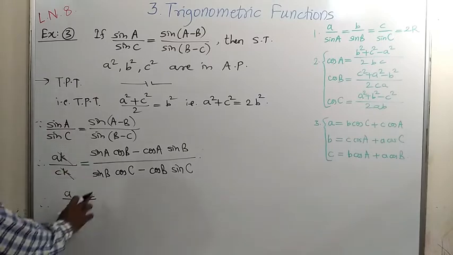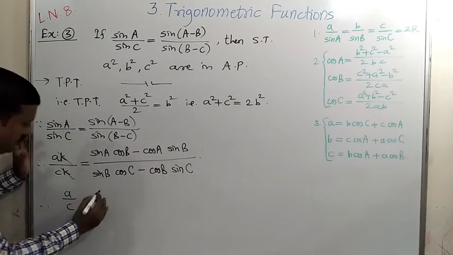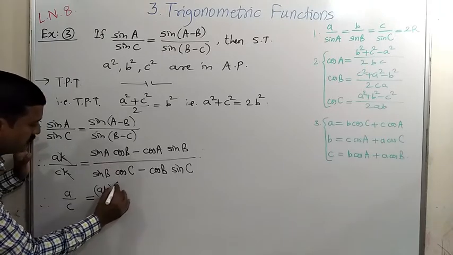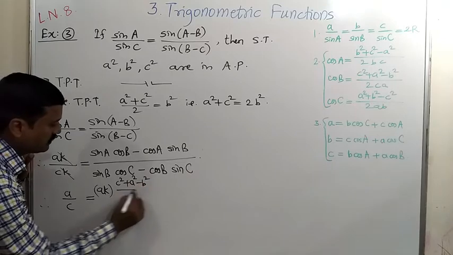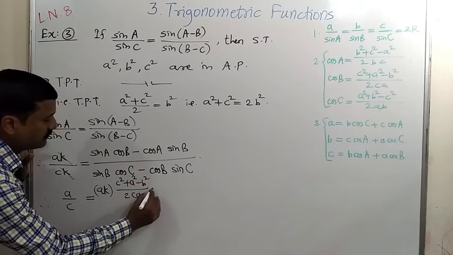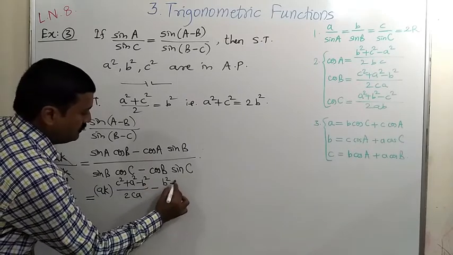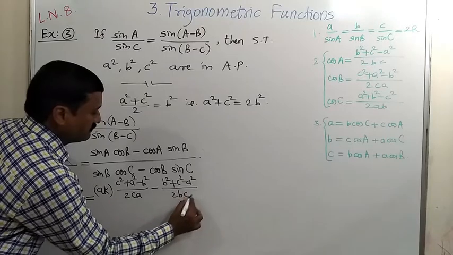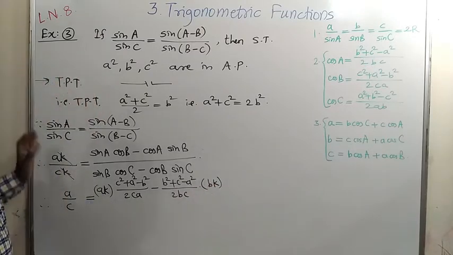Now, here for sin a, again use sine rule and cosine rule in each term. Sin a is ak, cos b is c square plus a square minus b square upon twice ca, minus cos a is b square plus c square minus a square upon twice bc, into sin b is bk.